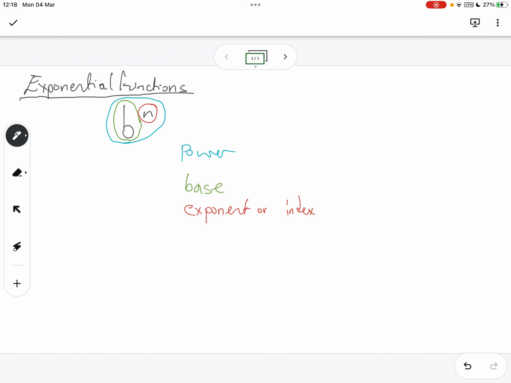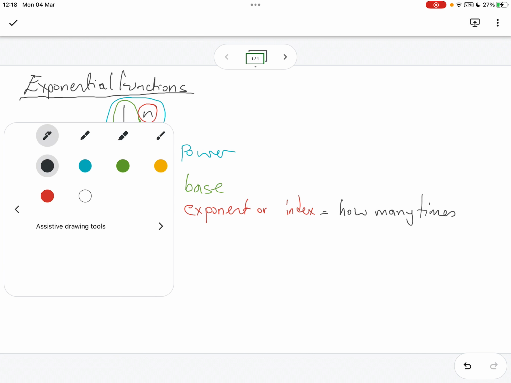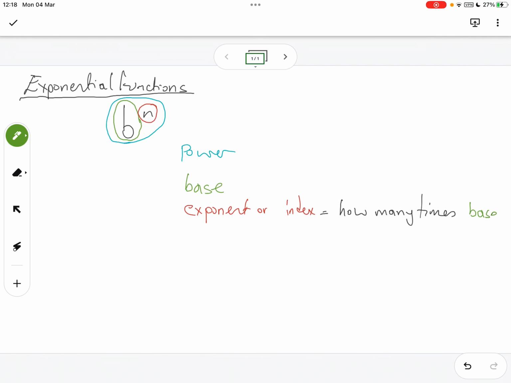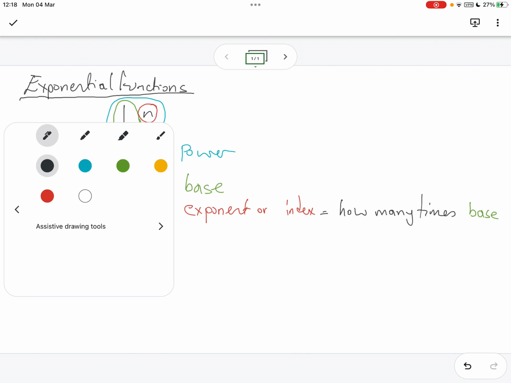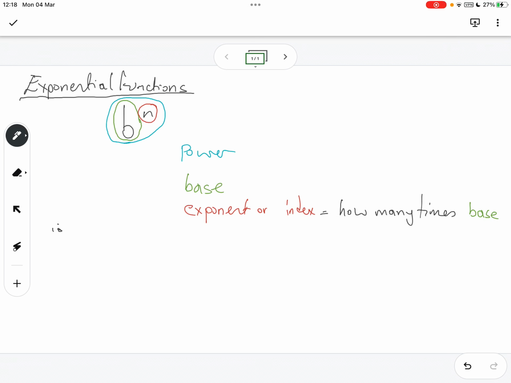All right. An exponent indicates the number of times a certain number or base is multiplied by itself.